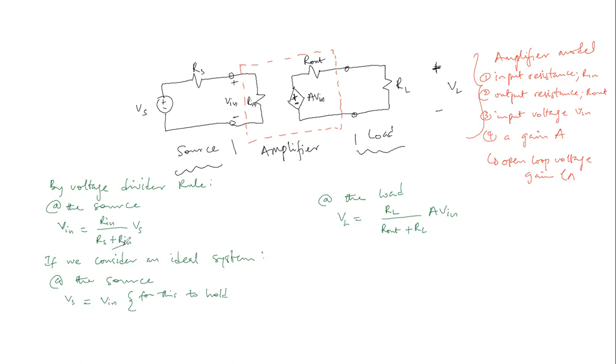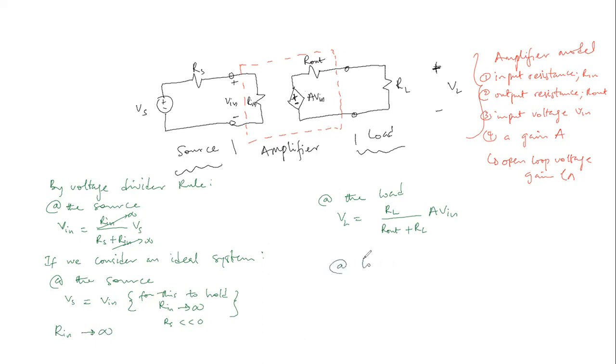Then the source resistance will become negligible, such that Rin extends to infinity and Rs is far, far less than Rin. Then this will reduce to a unit value, and the source voltage will be equivalent to the input voltage should the input resistance extend to some infinite value.